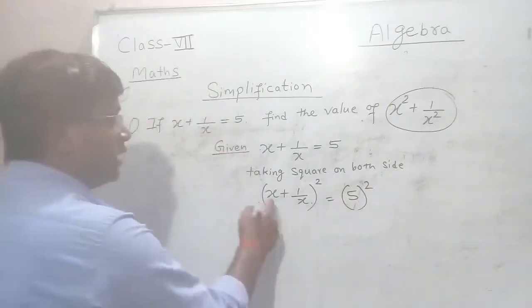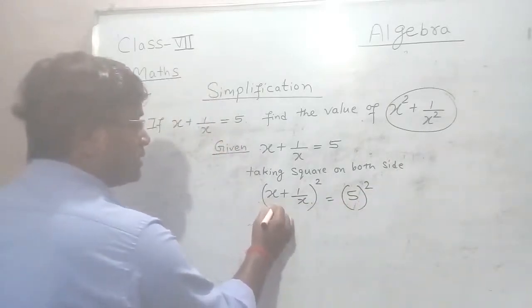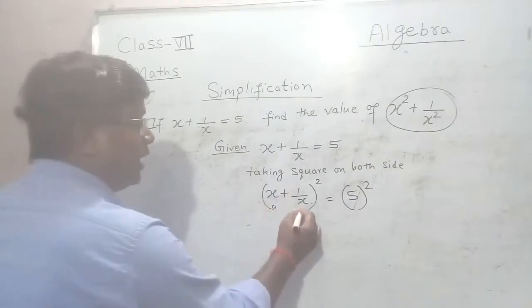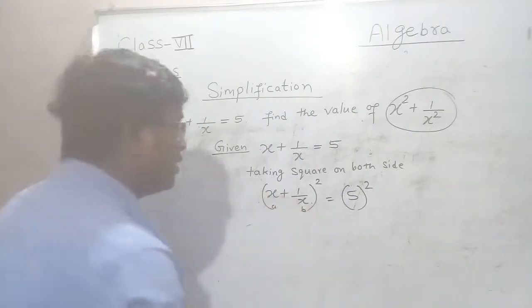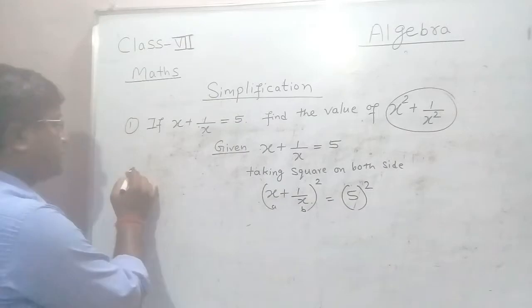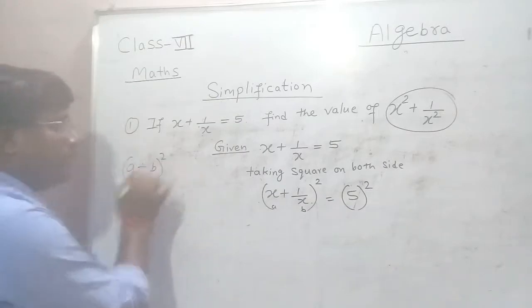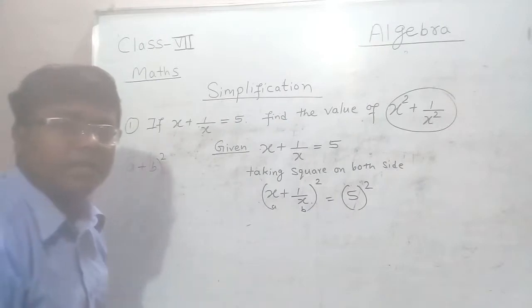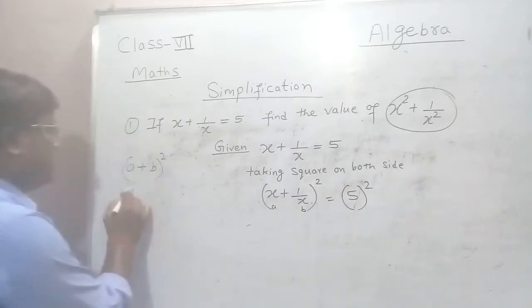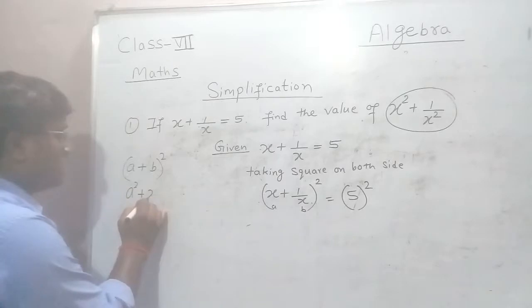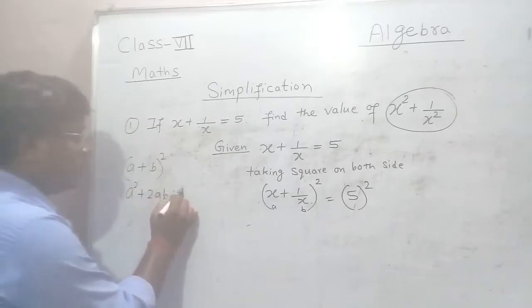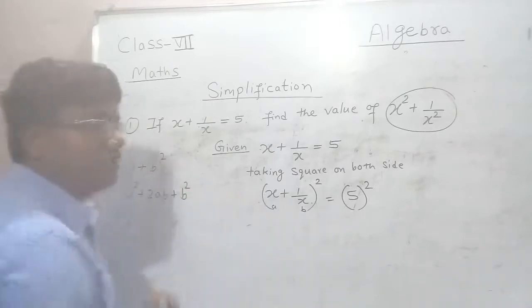Now this x will act as a and 1 upon x will act as b. So we know the formula for a plus b whole square. What is the formula? That is a square plus 2ab plus b square. The same formula we will use here.